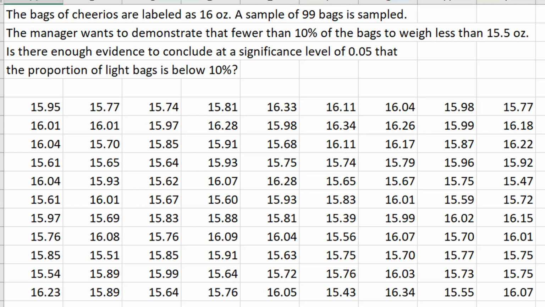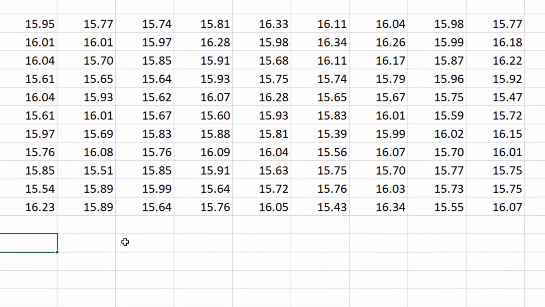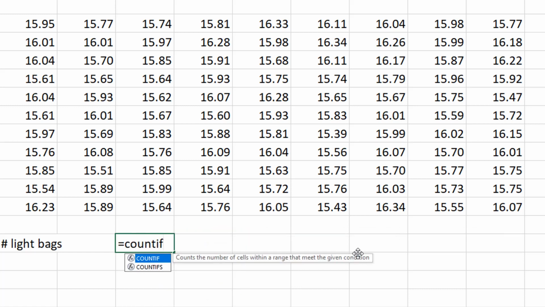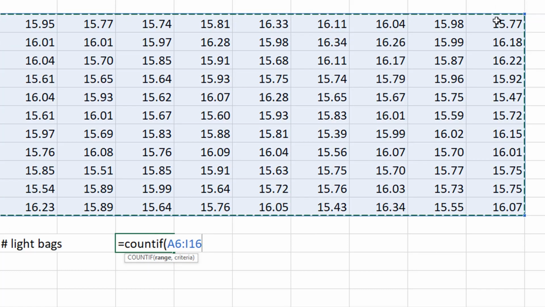We know what the sample proportion is. It's easy to calculate. Actually, here's how we're going to start by calculating that. First, we're going to get the number of light bags in the sample. We're going to use the COUNTIF formula. So COUNTIF, one word, parenthesis, I select this whole range, put a comma, and my criteria is double quote, less than 15.5, double quote, close the parentheses.